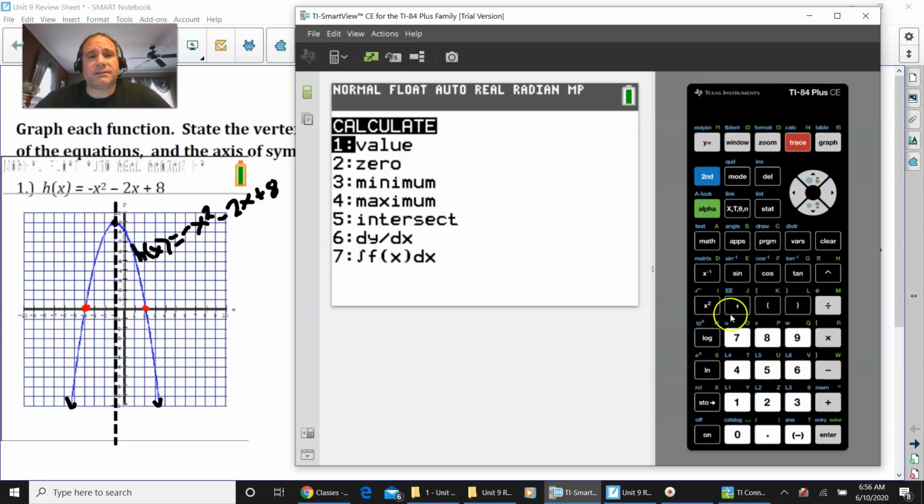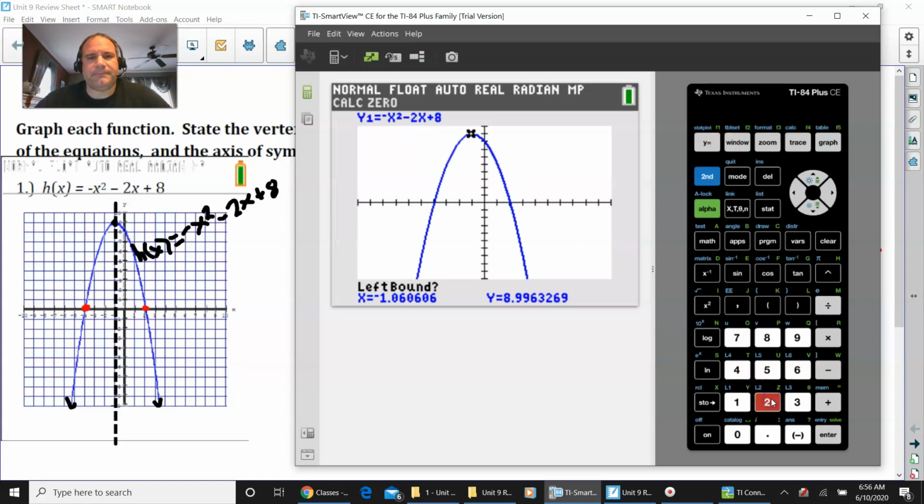So I'm going to press 2, and I'm going to move the cursor left bound, before it crosses the x-intercept for the first time, and then right bound. Going to move it up a little bit, press enter again, and then the guess would be somewhere right about there. Press enter, and you get -4, 0. That is the first time it crosses the x-axis.